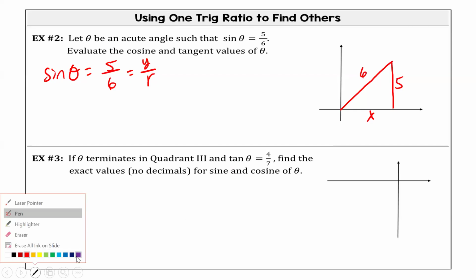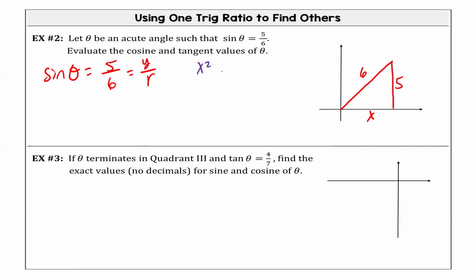Again, when we're solving for x, we're still using x squared plus y squared equals r squared. So we have x squared equals r squared minus y squared. Make sense? So we get x squared equals 6 squared minus 5 squared.